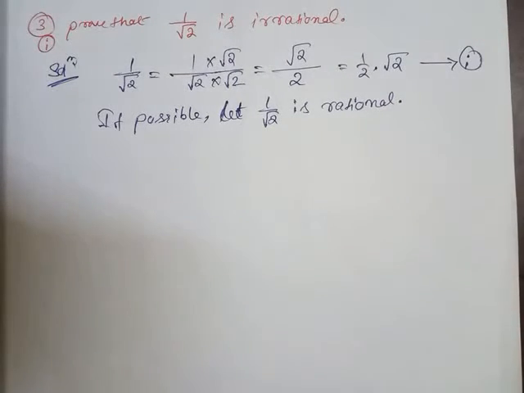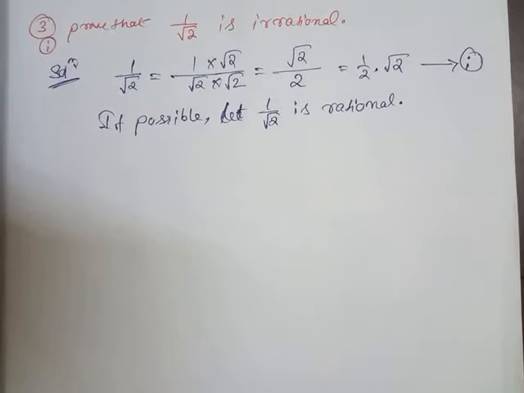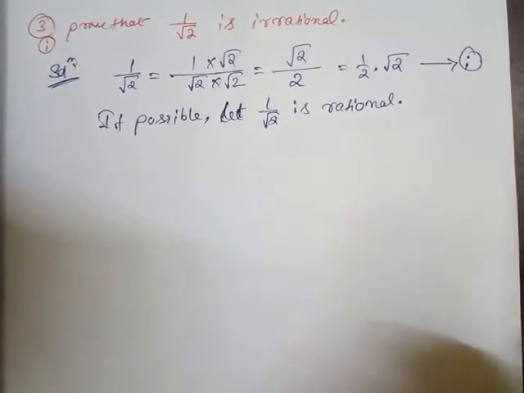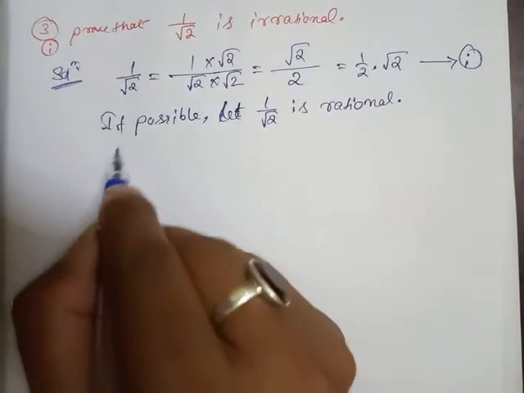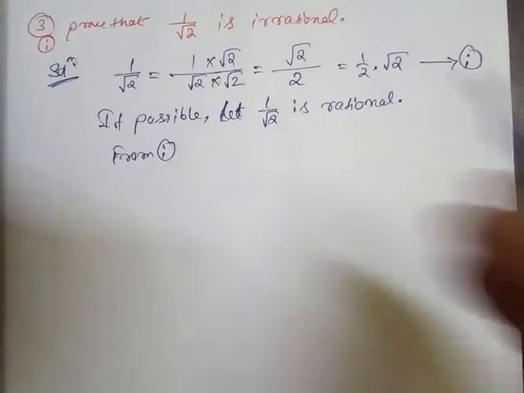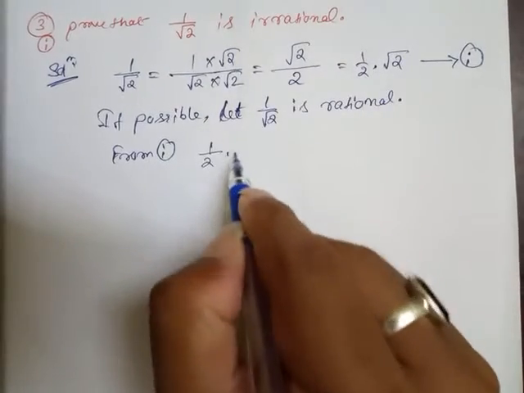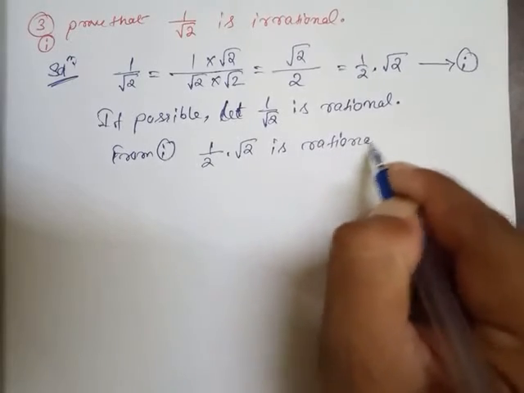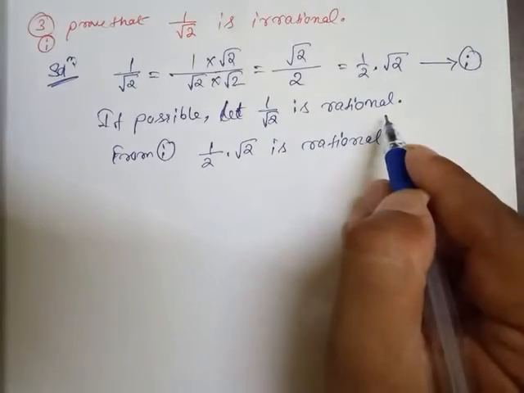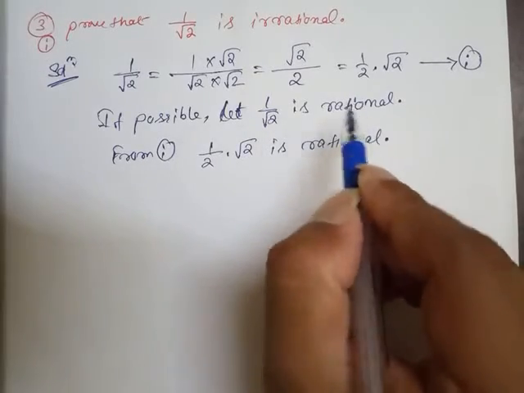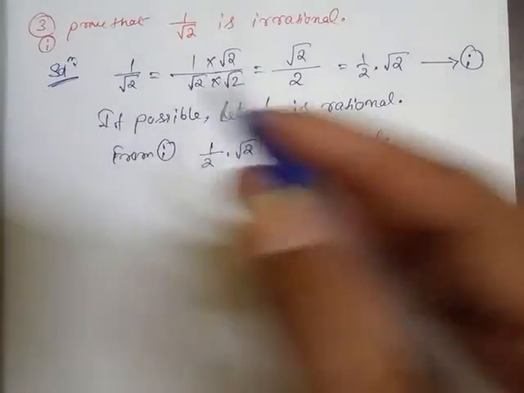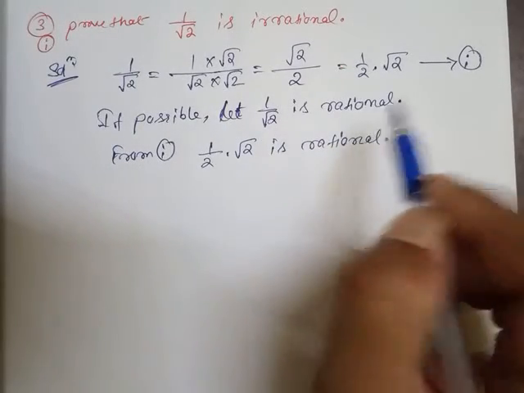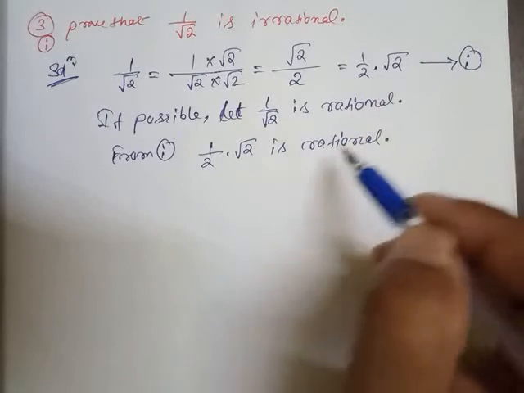Now, if 1 by root 2 is rational, this is our assumption, which means from equation number 1 we can say that 1 by 2 into root 2 is rational. I repeat again, if 1 by root 2 is rational, and this is our assumption, that's why I write here, if possible let 1 by root 2 be rational. If 1 by root 2 is rational, which means from equation number 1 half into root 2 is also rational.